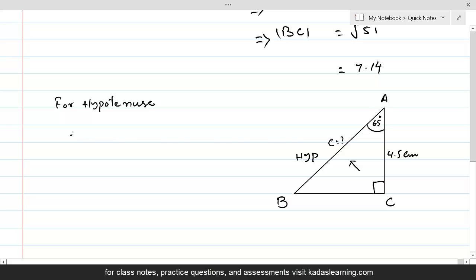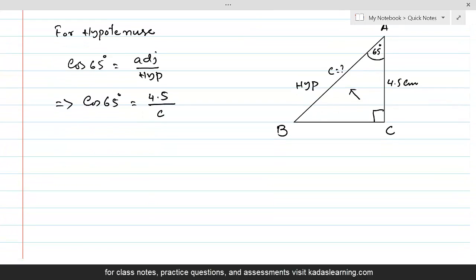For hypotenuse, cosine of 65 degree is equal to adjacent over hypotenuse, and cos of 65 degree is equal to adjacent is 4.5 centimeter, but the hypotenuse is unknown, so we just substitute with the symbol C.